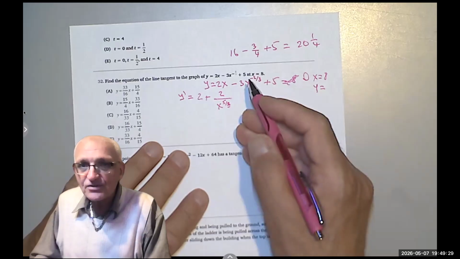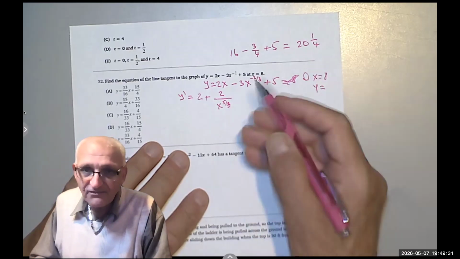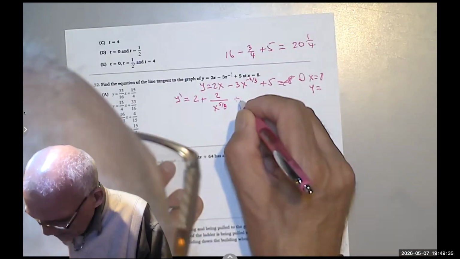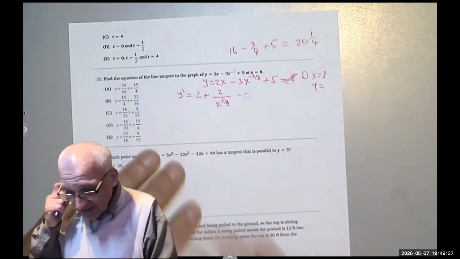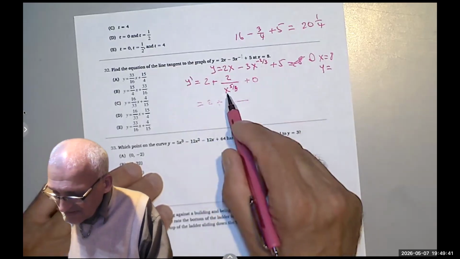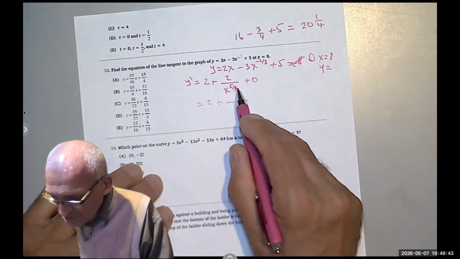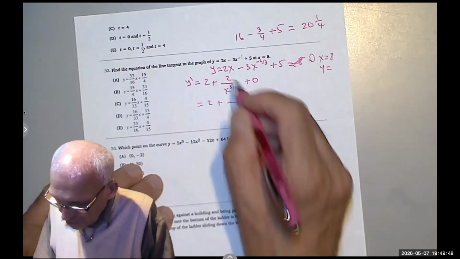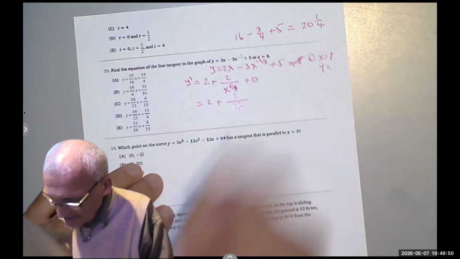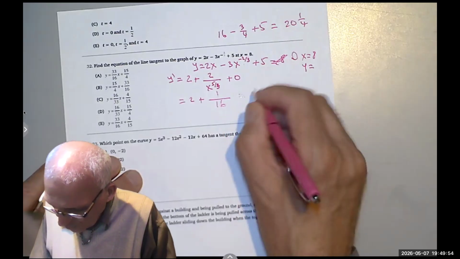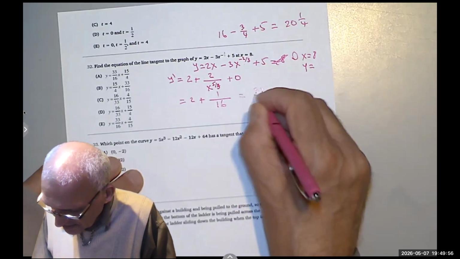So negative 2/3 and minus 3/3 is negative 5/3. So I brought it into the denominator to be positive, plus 5 plus 0. I'm taking the derivative. So this is 2 plus, if this is 8, the cube root of 8 is 2, and 2 to the fifth is 32. 2 over 32 is 1 over 16.